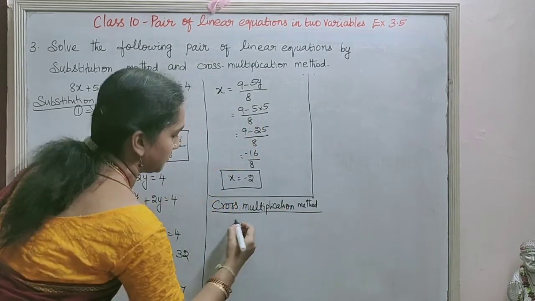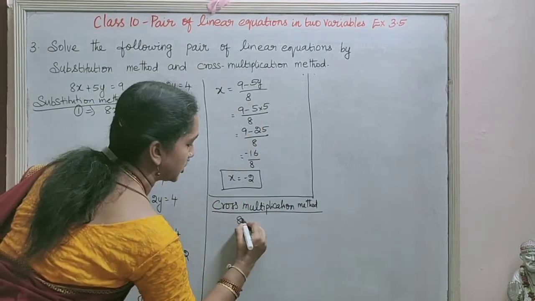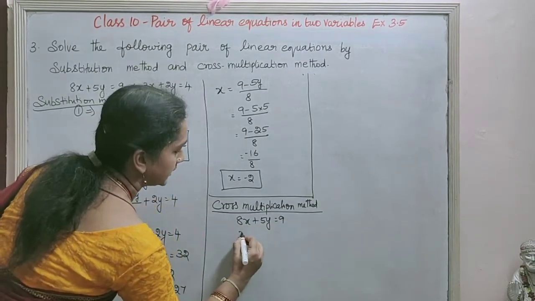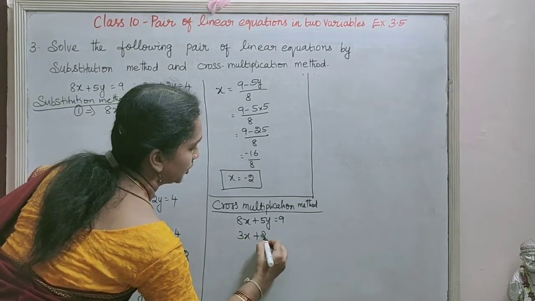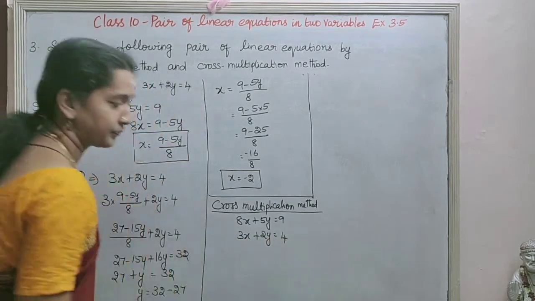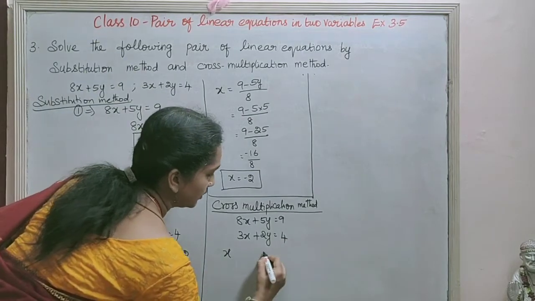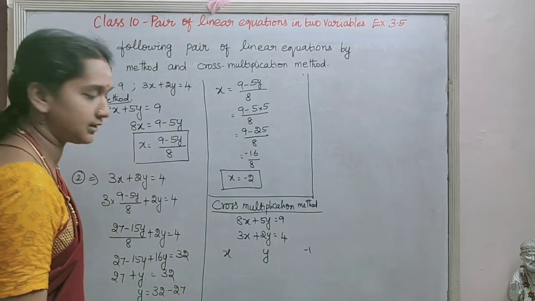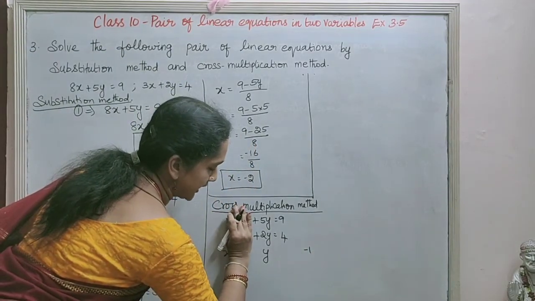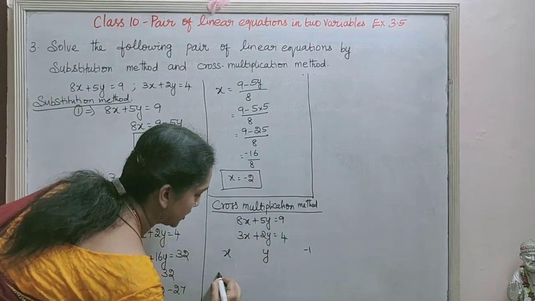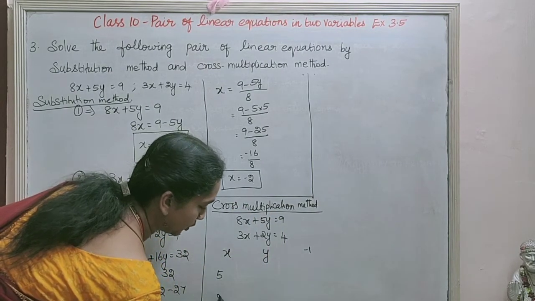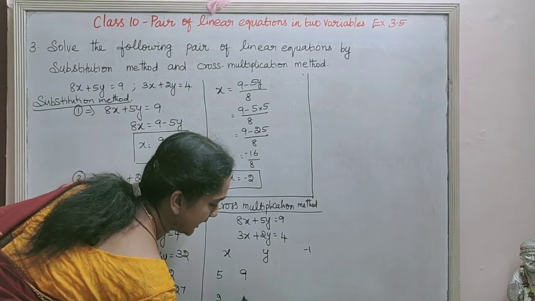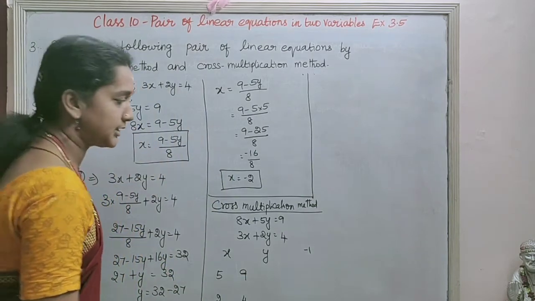So I will write both equations: 8x plus 5y is equal to 9 and 3x plus 2y is equal to 4. In this, we write x, y and the constant term, with a minus 1. For x, we start from y's coefficients, so that is 5, 2, and the constant term is 9 and 4.